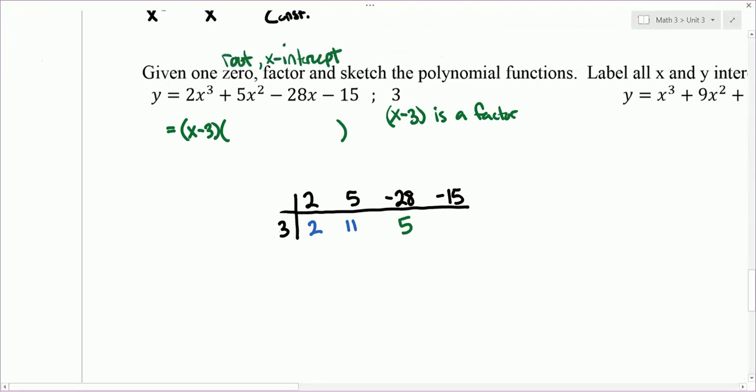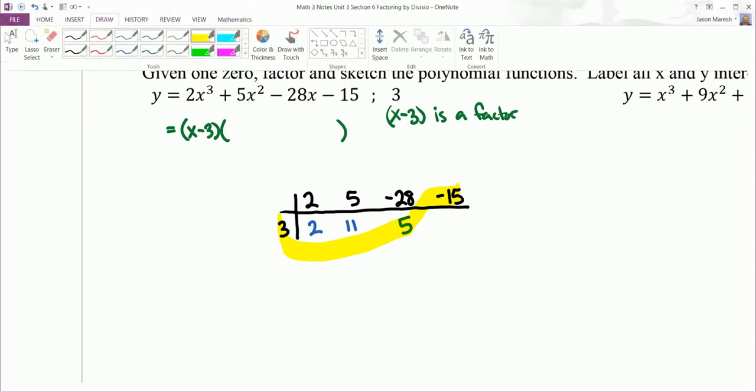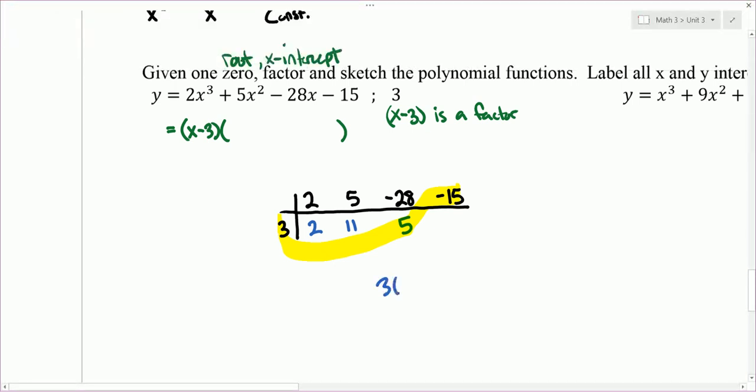And then 3 times 5 plus negative 15. 3 times 5 is 15, plus negative 15 gives us 0, and that's what we want because we're dividing by a factor. And whenever you divide by a factor, you need a remainder of 0. So it's a good check to make sure you're doing this process right.